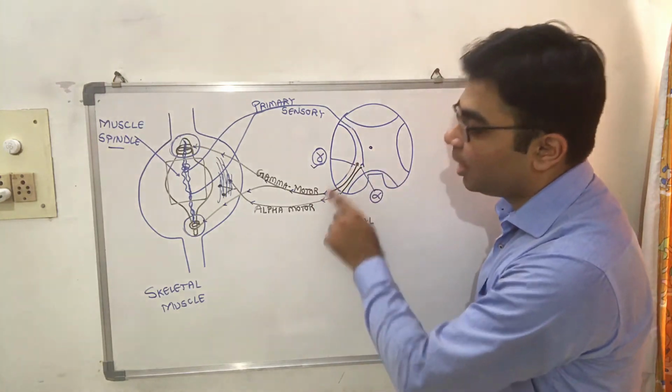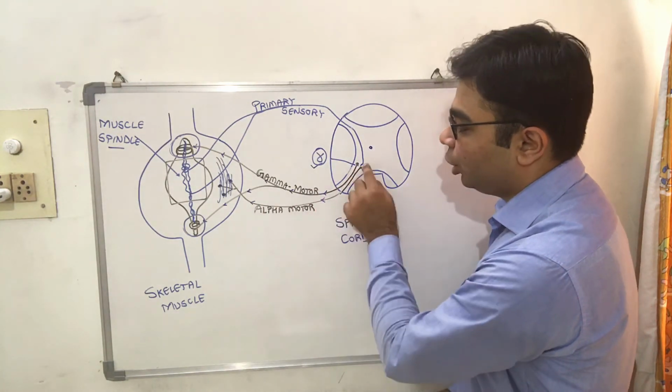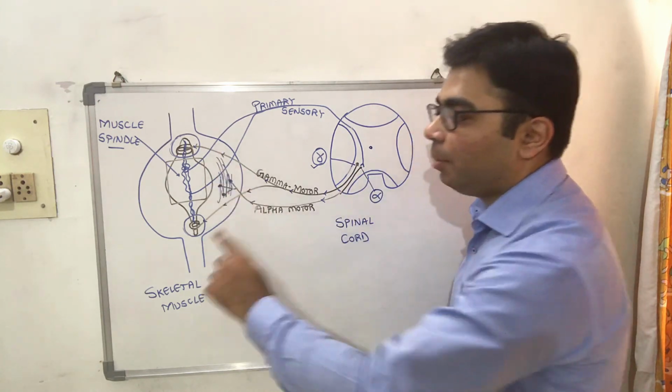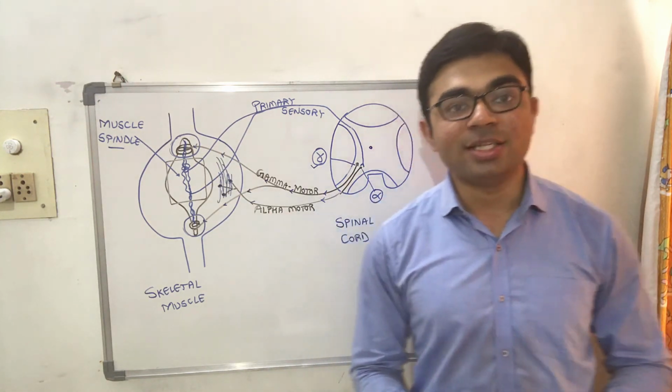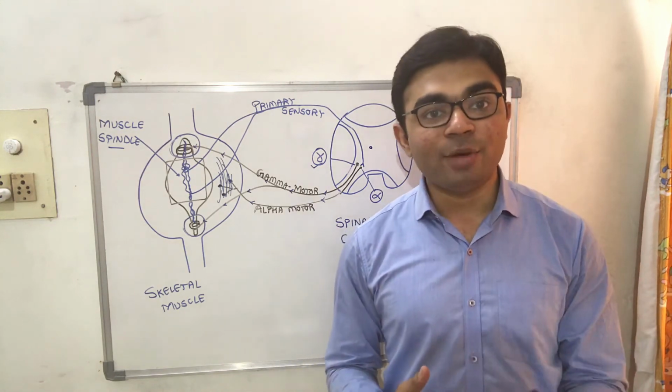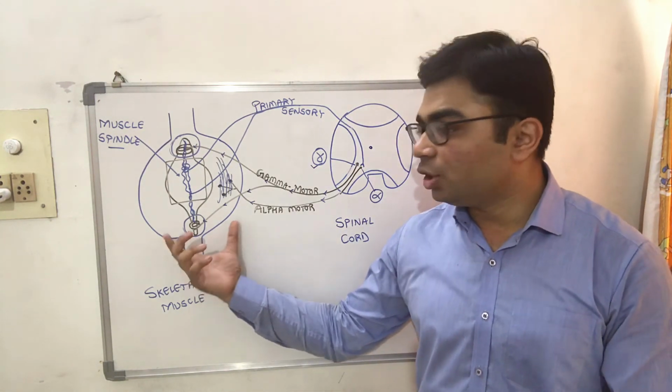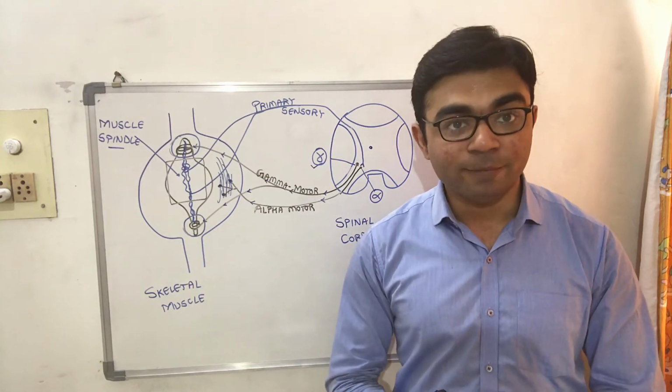Then reflexively the alpha motor neuron in the anterior gray horn is stimulated and sends messages of the contraction of the muscle, and this is how the development of the muscle tone can be explained, and muscle tone is maintained in our body.